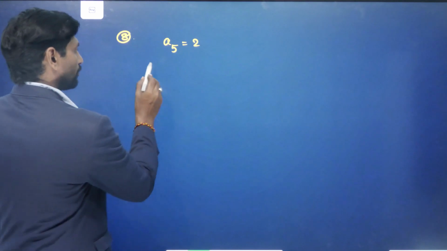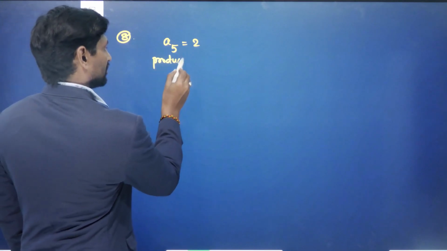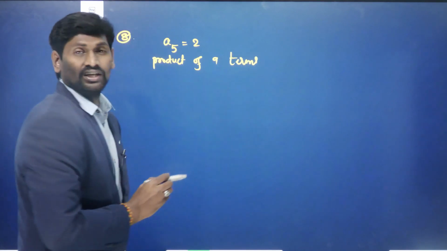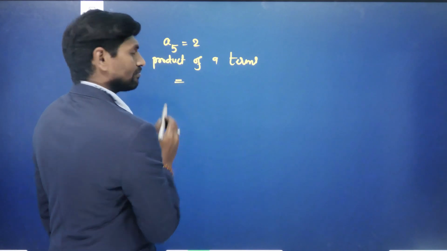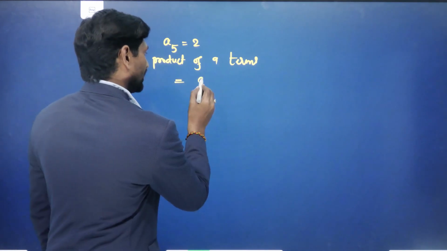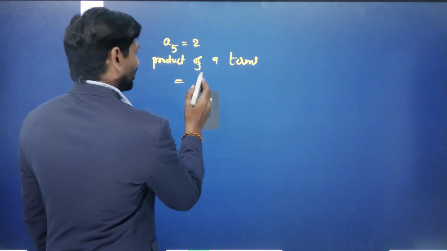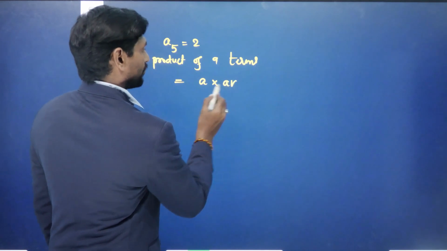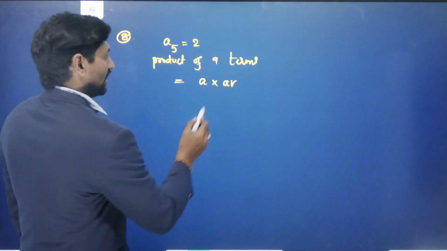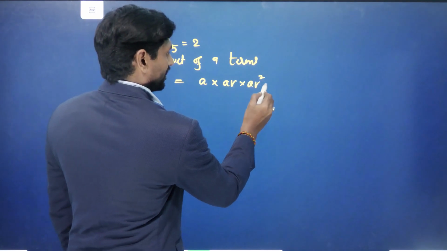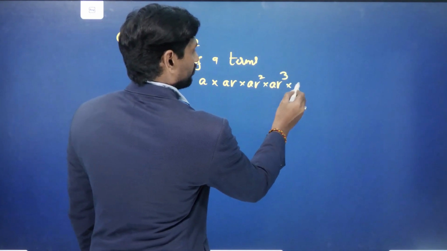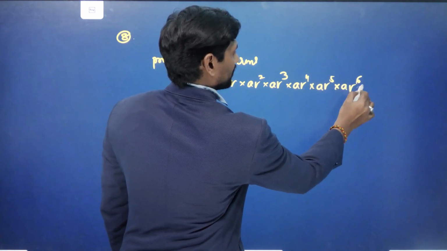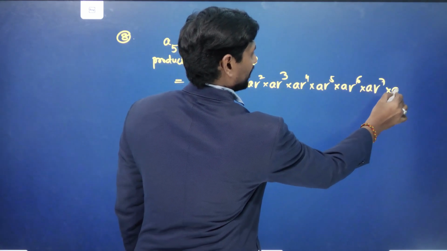For the 9 terms, the first term is A, the second term is AR, and the third term is AR square, then AR cube, AR power 4, AR power 5, AR power 6, AR power 7 and AR power 8.